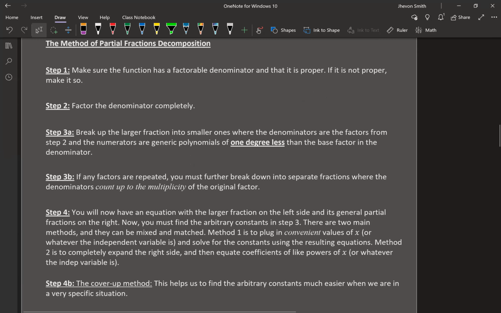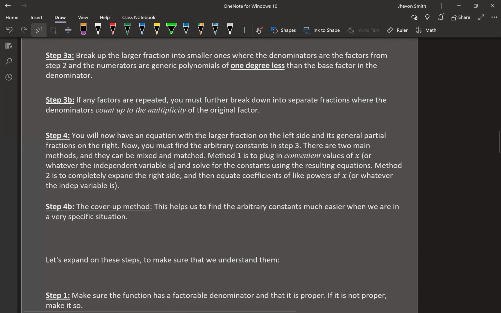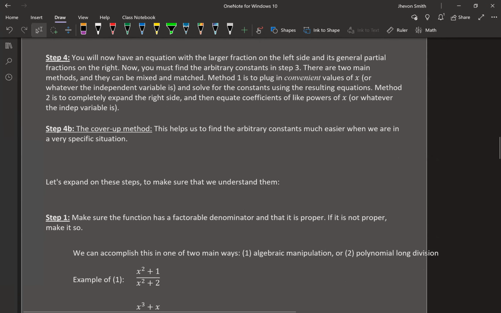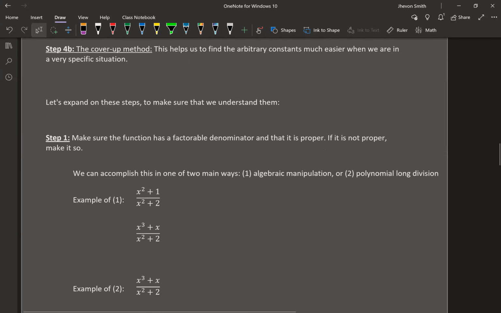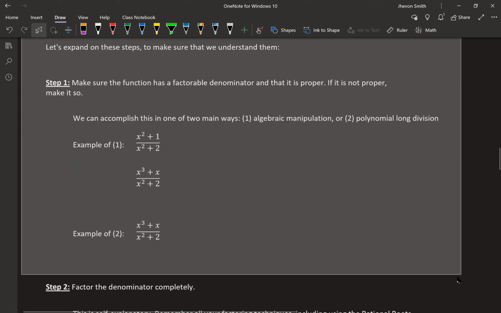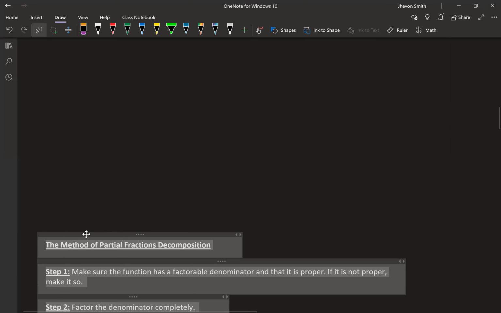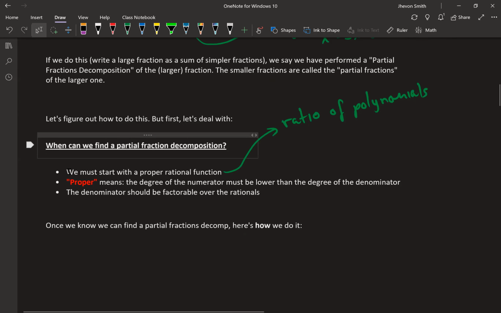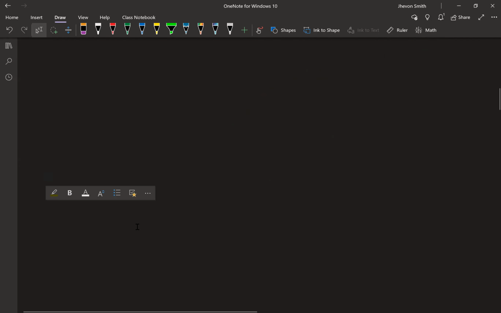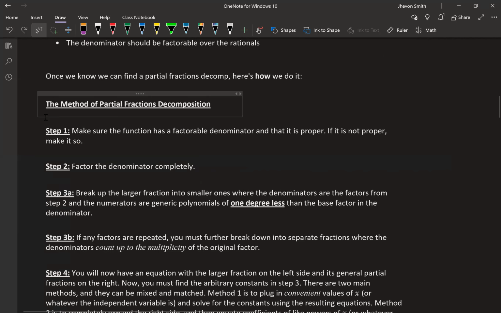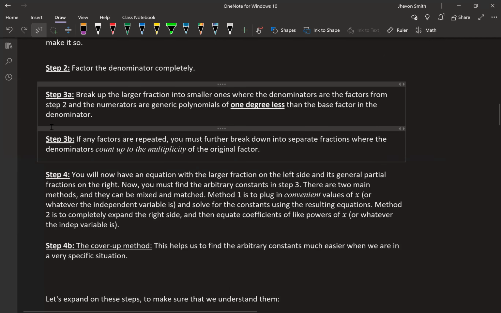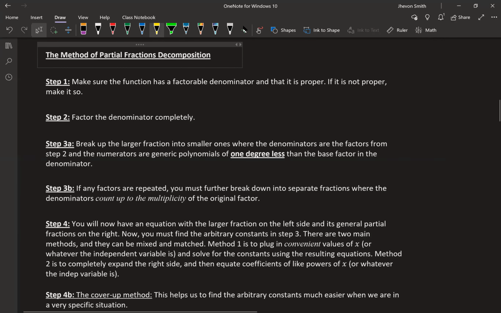partial fractions. So what I would say you should do is actually have the entire method written down in one place. So on your formula sheet or your cheat sheet or whatever, you should have this entire method written down. Okay, so this is it.